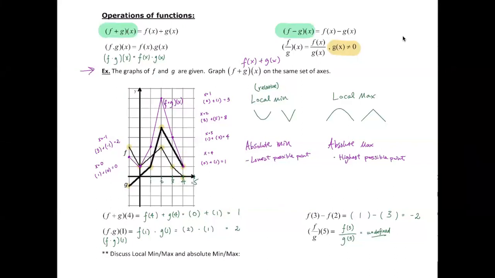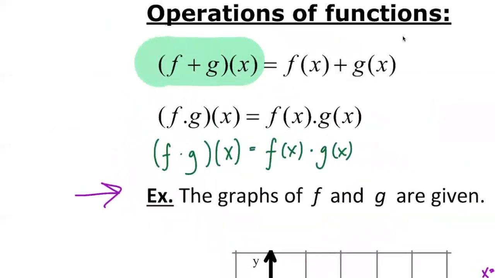A side note: we tend to use f and g for the functions, but it is very possible that we use other letters. Later on, you may use capital H for height, capital T for time, or capital P for profit. We have all kinds of letters. The point is that we have two different functions, and if we add them together, this is what we write.